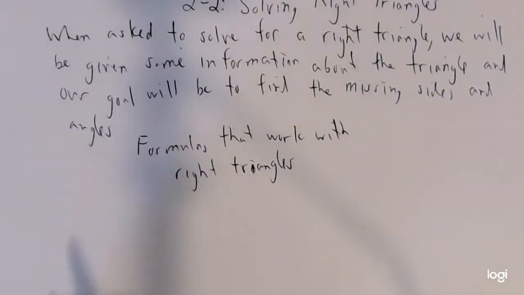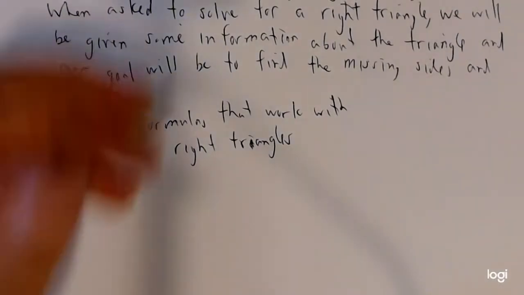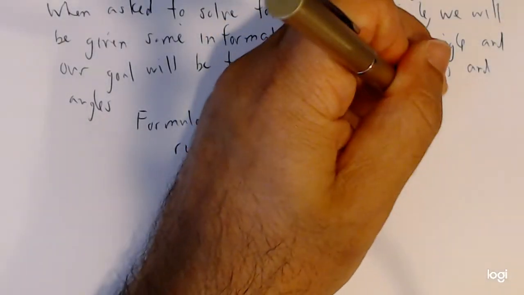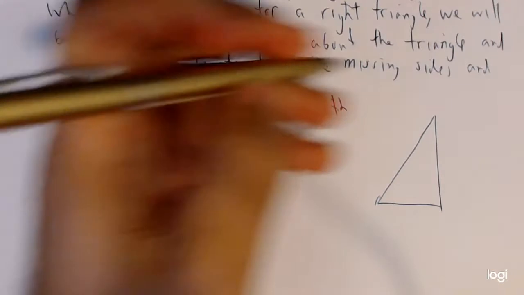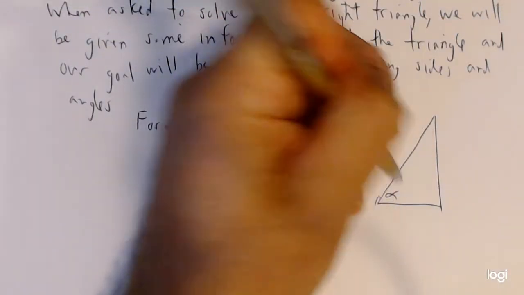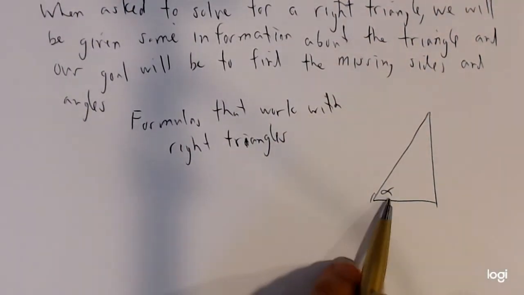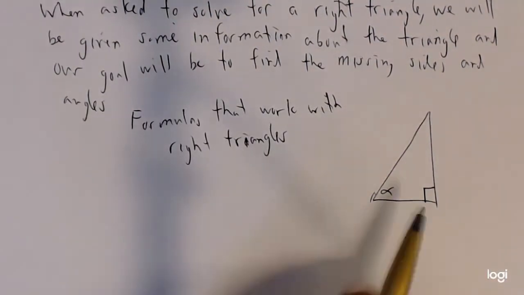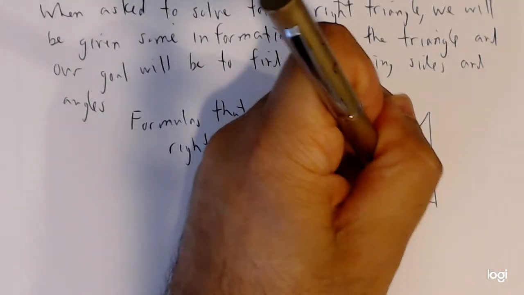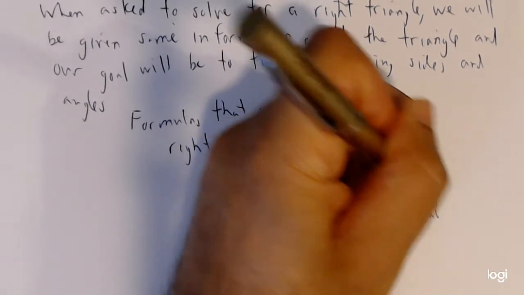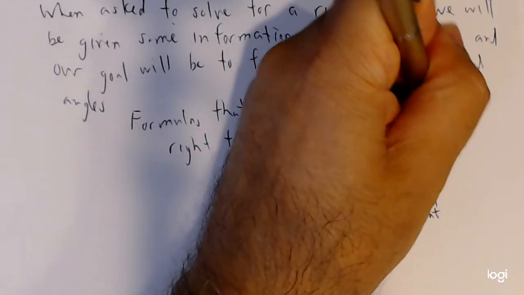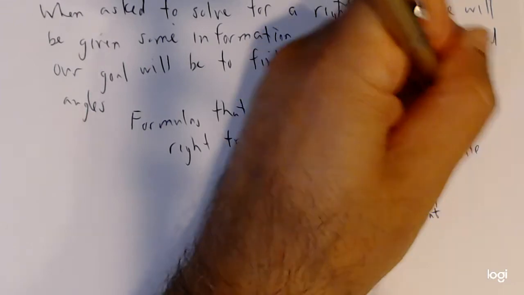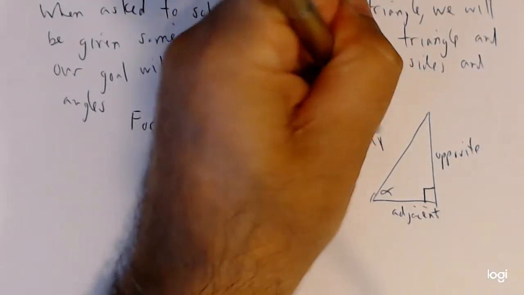If I draw a picture where this is our angle alpha, and this is a right angle of course, then with respect to alpha, this side is the adjacent side, this side is the opposite, and this is the hypotenuse.